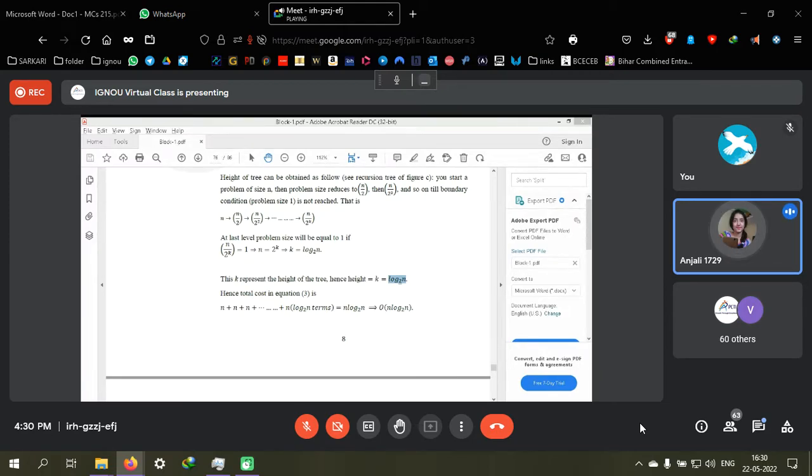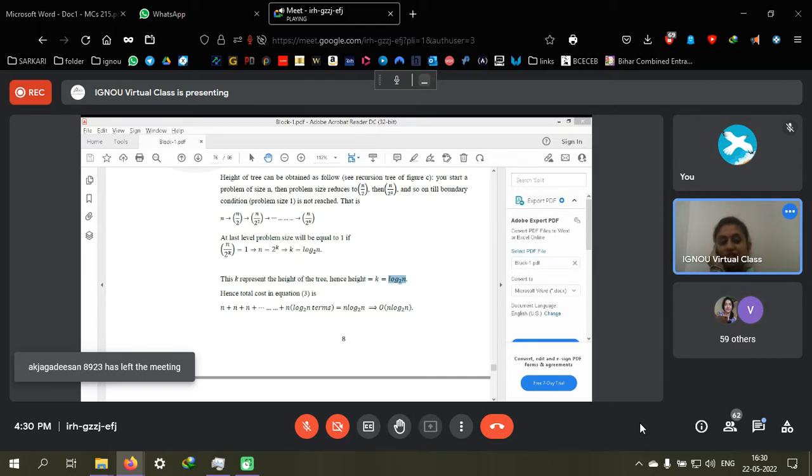How is it n log n? It means you have to multiply the total cost, that means the addition of each root on each level, by the height. In each level we are getting n, so that's why n is there. And after that the height of the tree is log n, so n multiplied by log n.